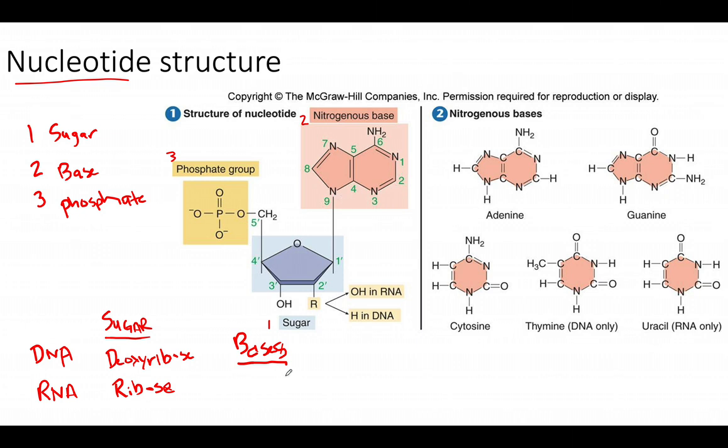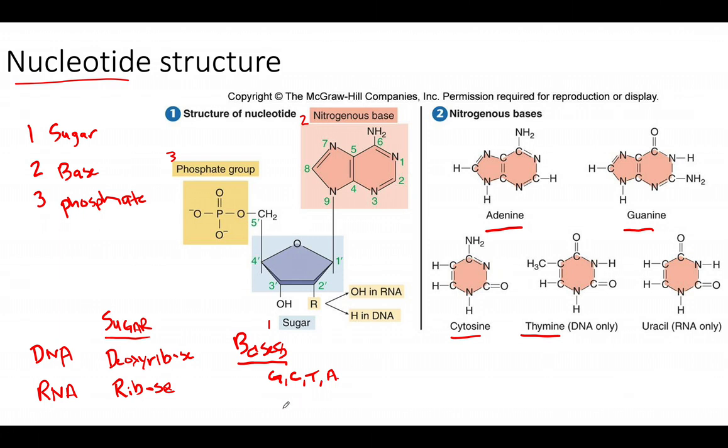In DNA, there are four different bases: a G, a C, a T, or an A. Those letters are short for these different bases. Adenine is A, guanine is G, cytosine is C, and thymine is T.